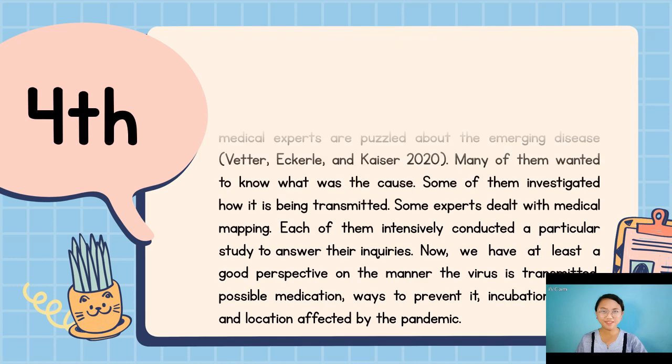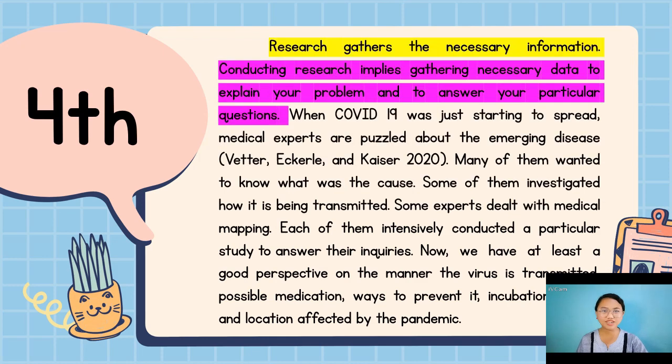Another important note is the fact that research gathers the necessary information. Conducting research implies gathering data to explain your problem and to answer your particular questions. For example, you want to understand students' perception about modular learning.